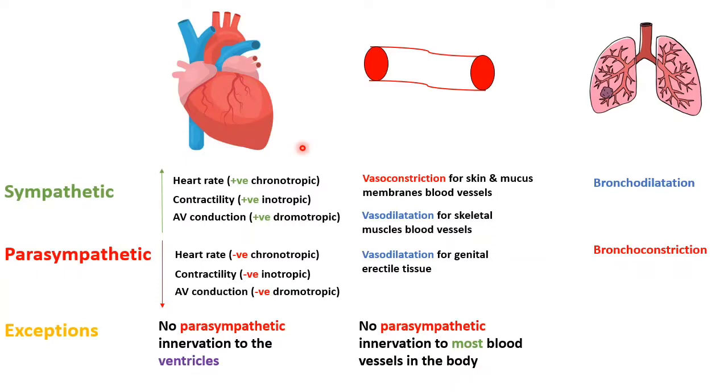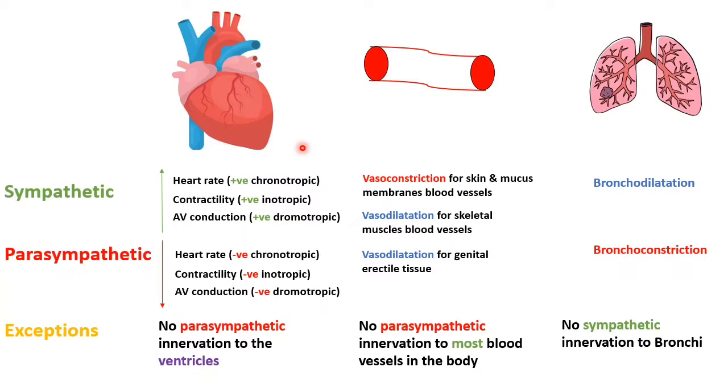Okay, there is a very important exception here. There is no sympathetic innervation to bronchi. No sympathetic innervation to bronchi. And here we have to ask a very important question.